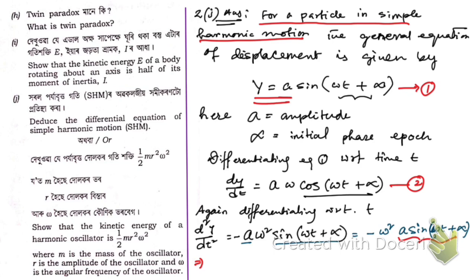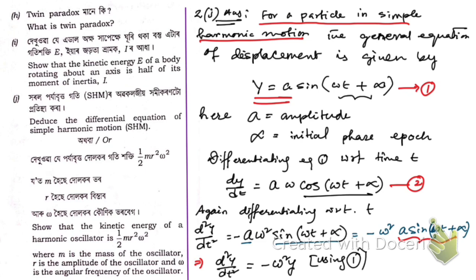Just let me write it properly. The second order derivative of y with respect to t is equal to minus omega square into y, using 1. So this part is replaced by y. Hope you have understood this, right?